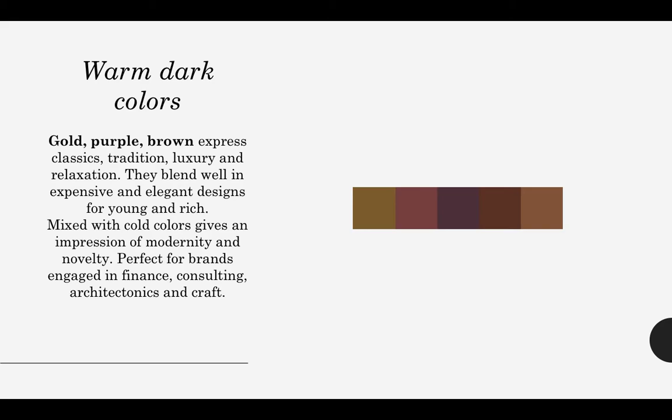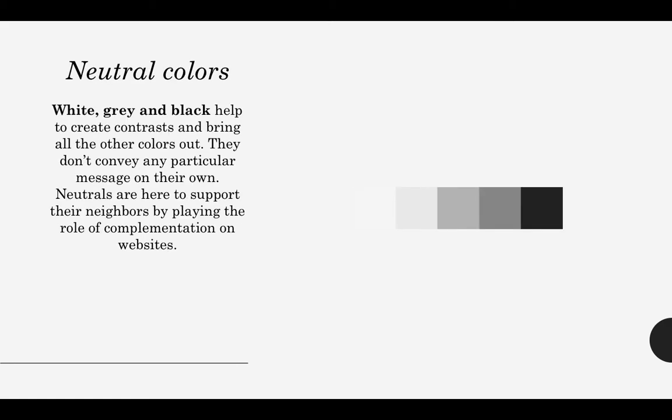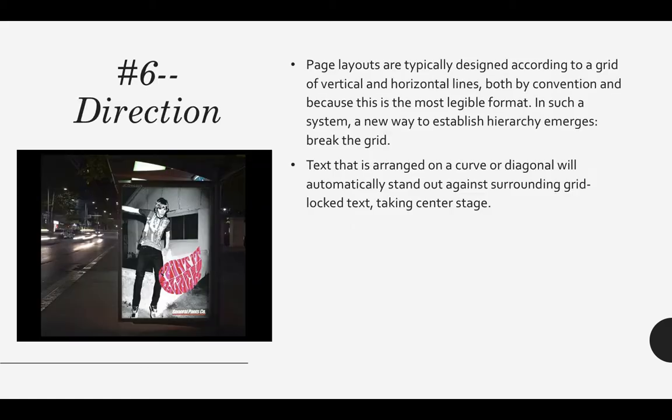A lot of finance, consulting, architects, and crafting sites will use these color schemes. The neutral colors, white, grayscale, and black, help bring out all the other colors thanks to contrast. So they don't really have their own message. They're more to complement all those other colors.